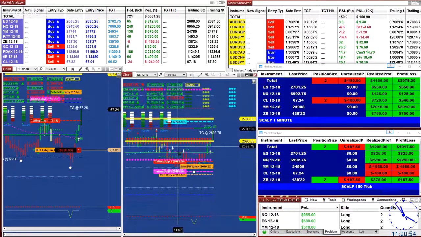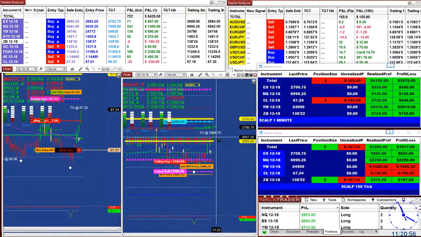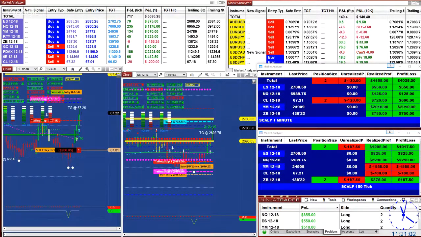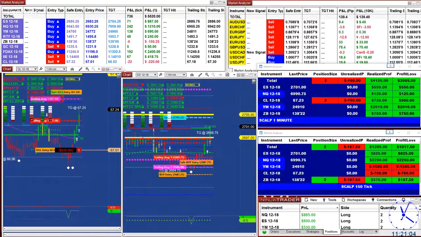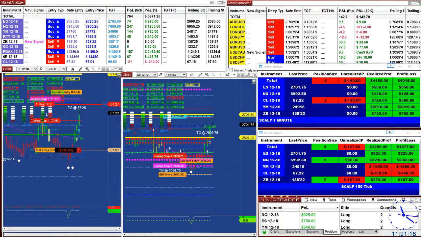My ES closed, the ATM closed, they all closed. There is nothing anymore. Everything is closed on my side. I don't have any open position. There is a CL, and it's done.